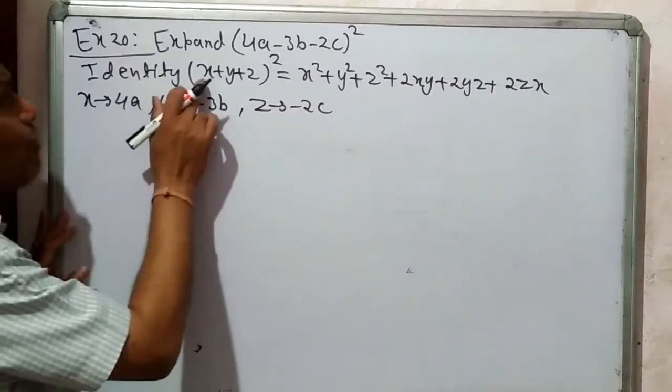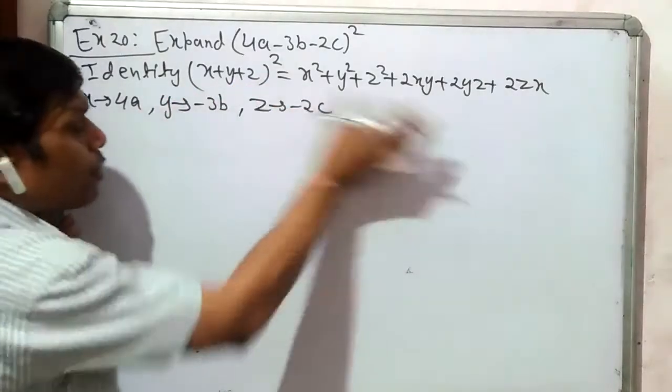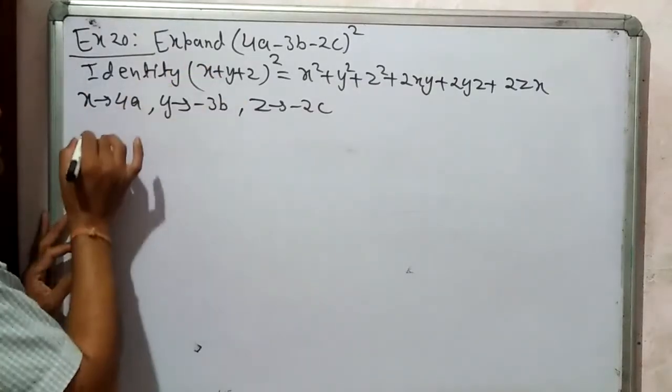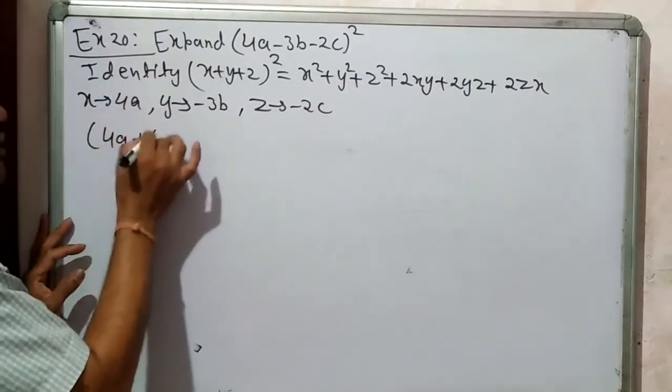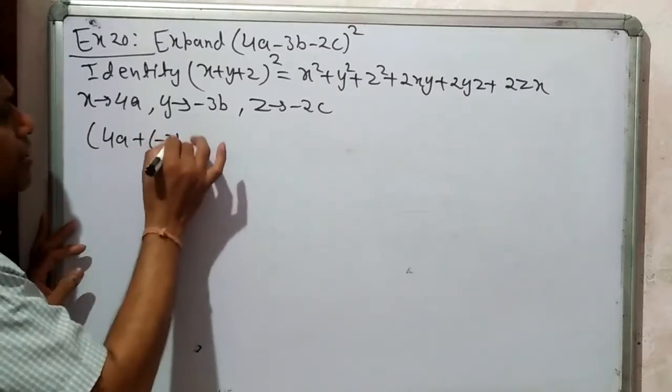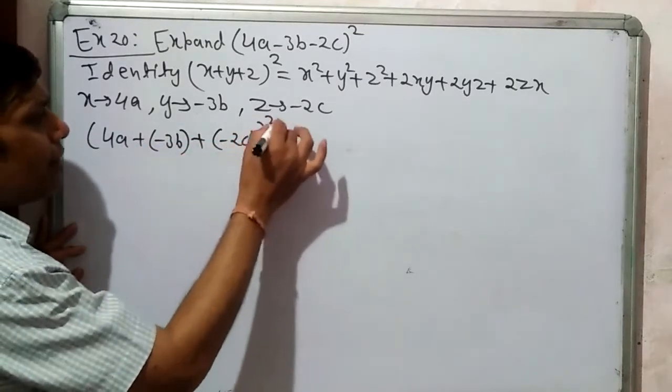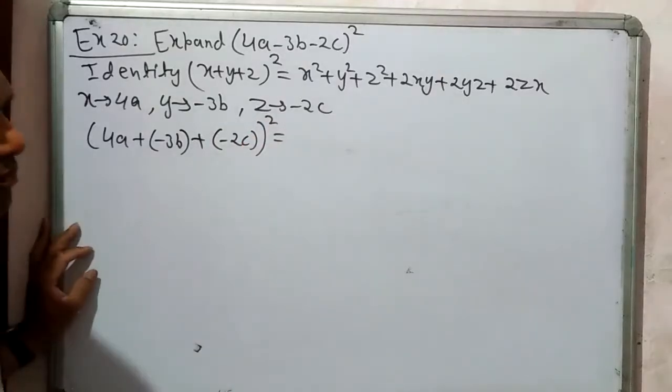So I will place values of x, y and z on both the sides with their signs. In place of x we have 4a. In place of y we have minus 3b. In place of z we have minus twice c. And this whole square is to be operated.